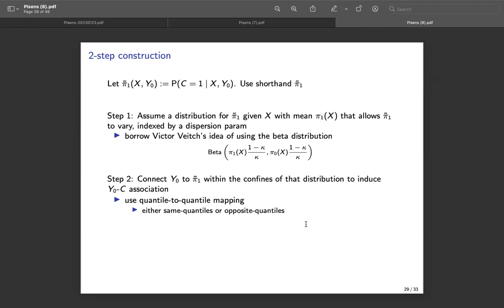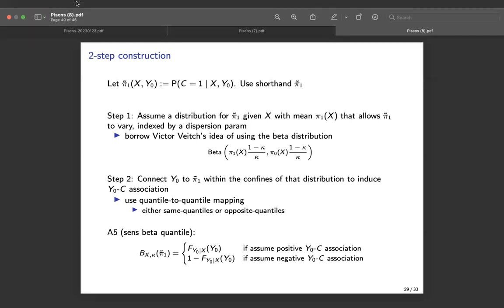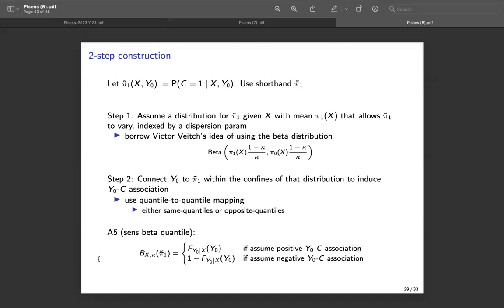If we assume the association is negative, then we use opposite quantiles mapping. So basically we replace the PI assumption with this sensitivity assumption, where the beta here is the quantile function for this beta, and F here is the CDF for y0 given x. So it's just quantile to quantile or quantile to opposite quantile, depending on the assumed sign of the association.